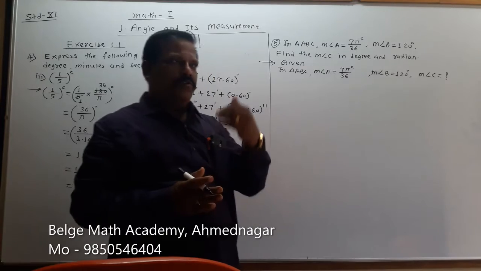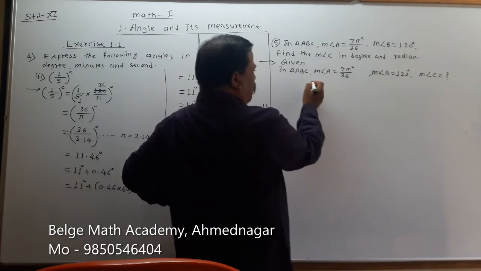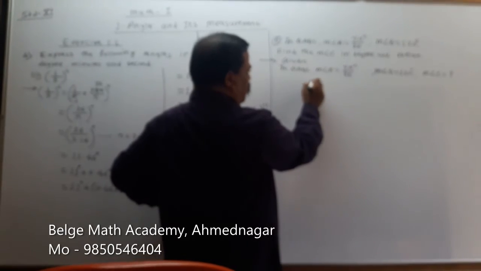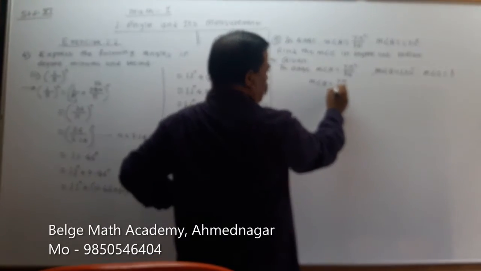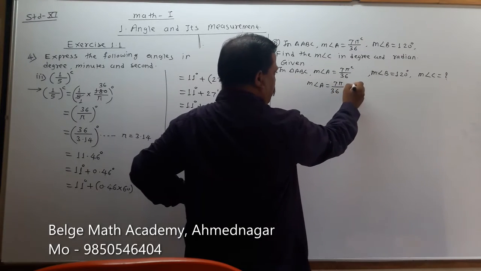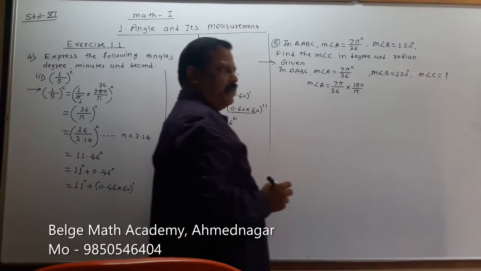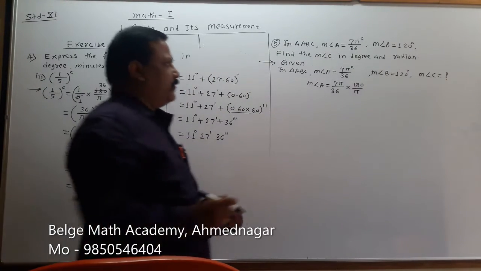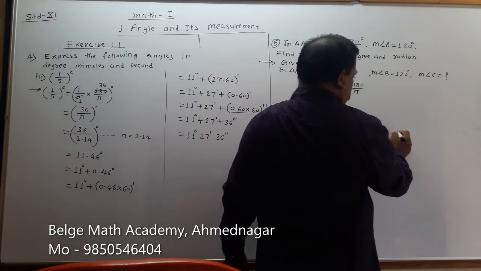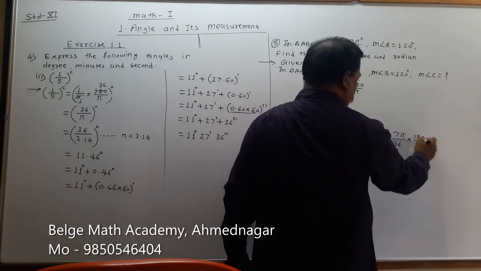If we convert it into degree measurements, then the measurement of angle A is converted into degree. So 7 pi upon 36 multiply 180 upon pi.